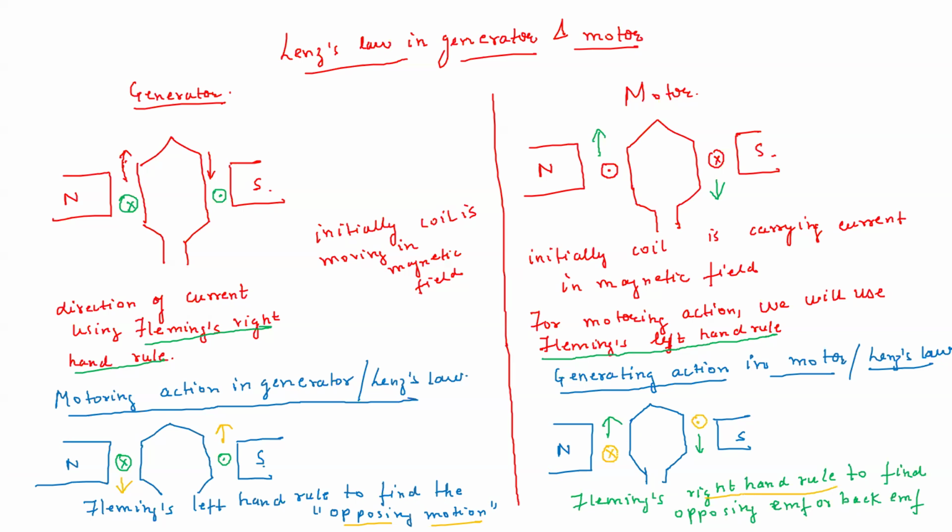You will see that this cross is opposing the initial dot direction, and this was cross, so this is dot. This is how the opposing or generating action comes in the motor.